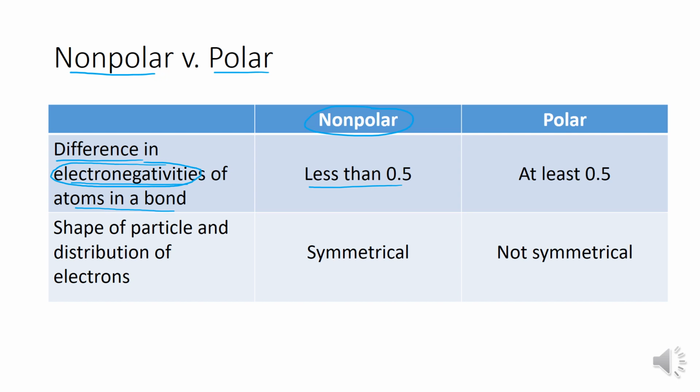For example, let's say we have a bond between carbon and hydrogen. If we compare their electronegativities, for carbon we have 2.5 and for hydrogen we have 2.1. The difference between the two is 0.4, which is less than 0.5. Therefore, the C-H bond is nonpolar.